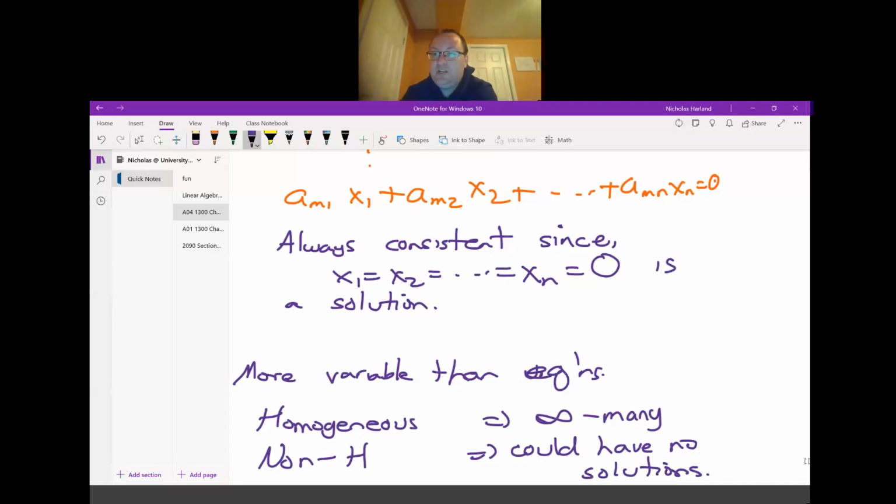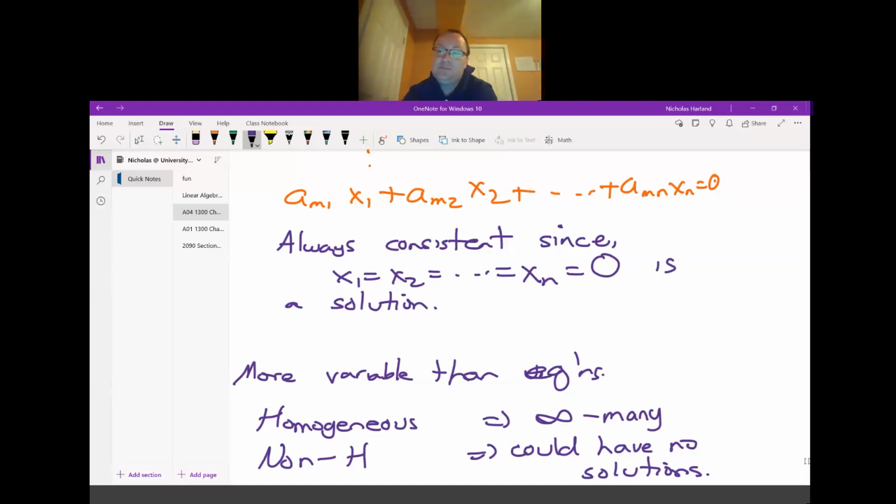It's not homogeneous if at least one of the equations has a constant that is not equal to zero. So the moment there is one or more of the equations where the constant is non-zero, then it's not homogeneous anymore. If we have more unknowns than equations, then we're guaranteed a free variable.